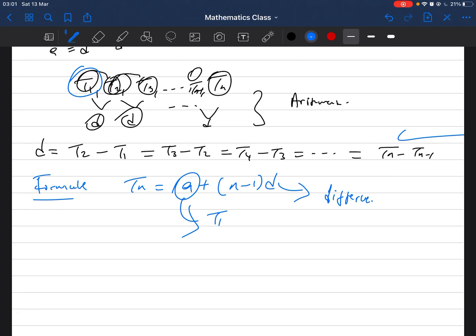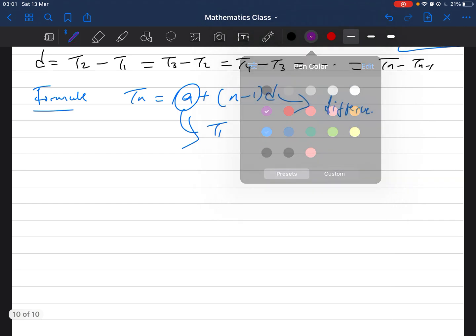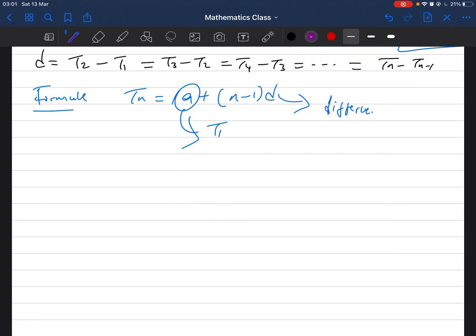Let me give you an example. Let's say you are in a situation probably like this. They will say given an arithmetic sequence: 5, 9, 13, 17, 21, blah blah blah.